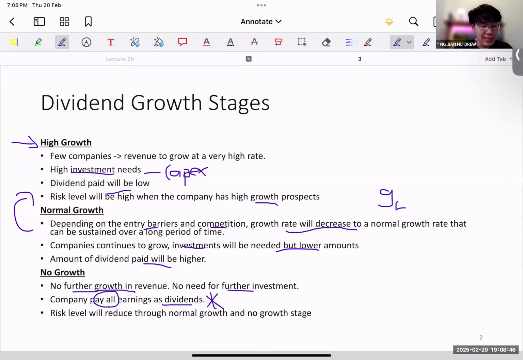I'm going to put two stars here. This is a characteristic that you need to know whenever a question says there's no growth. You'll see this in an example in a bit, but whenever you see no growth, it means that all the earnings are equal to dividends. So 100% is paid in dividends.